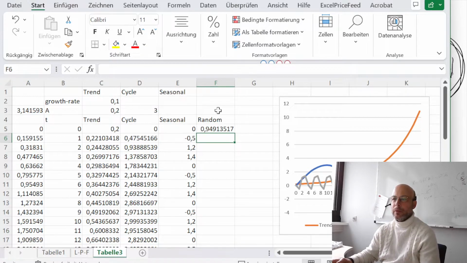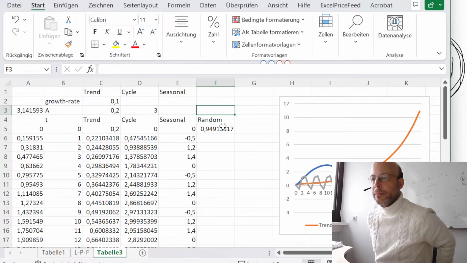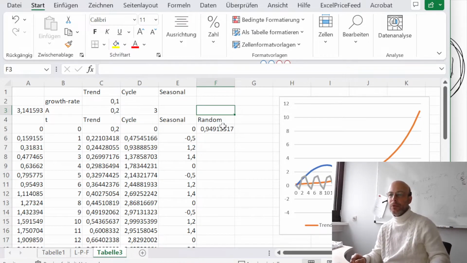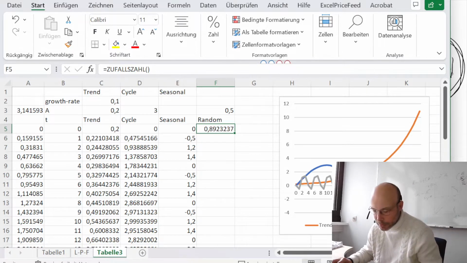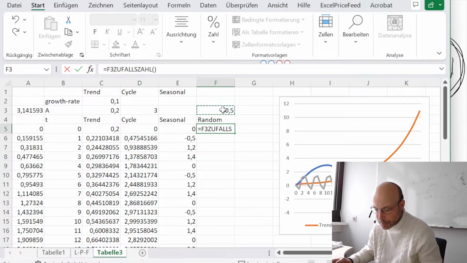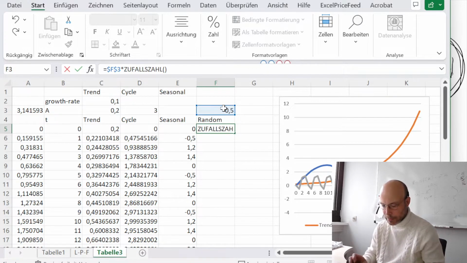If we want to have this random component larger or smaller, we also multiply this random number with some constant, and let's start maybe with 0.5 for our random component. So put this in here, again fixing it, and multiply.